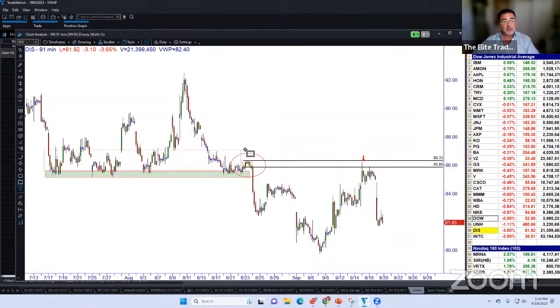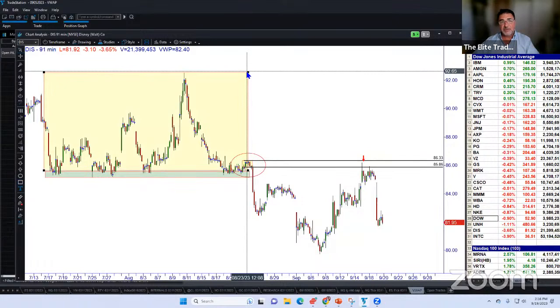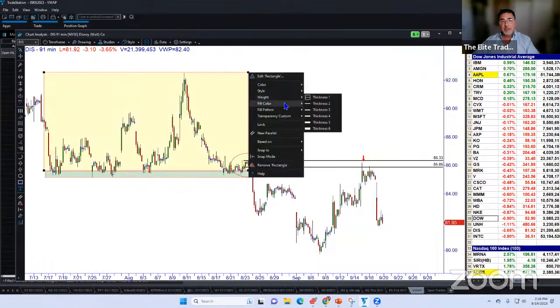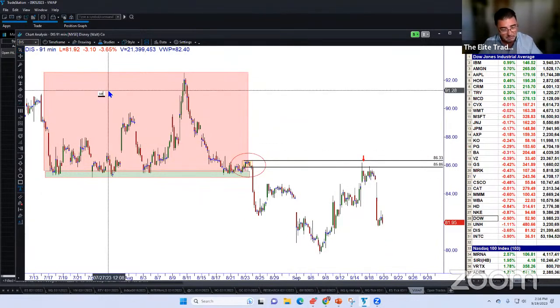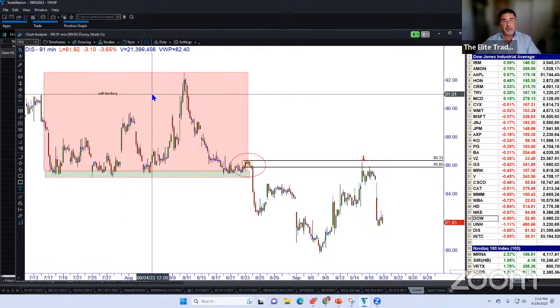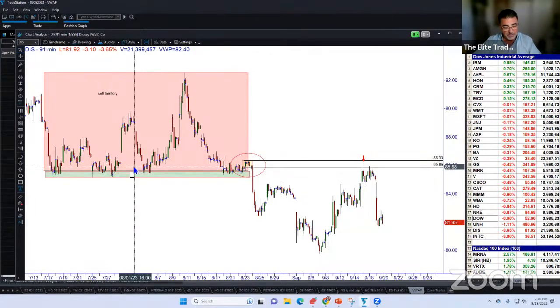Using colors to help you with the learning and processing of this information, the upper part becomes a sell territory. So we're going to label that up here: our sell territory. This is where all the sellers are hanging out. And down below, this is where the buyers kept coming in. And we call this support.